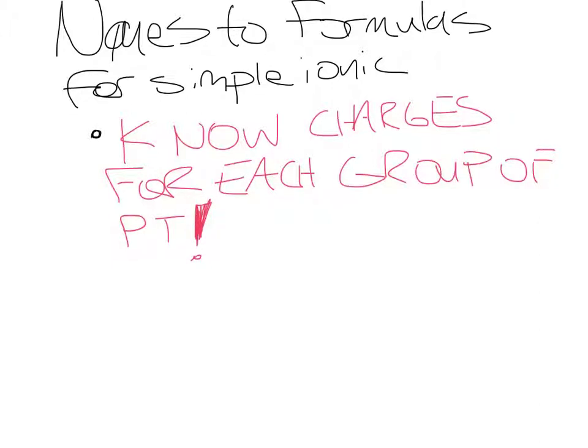Alright, so let's just start out, it's just good to start out with an example. So let's go ahead, see calcium oxide. If you look on the periodic table, you can find calcium.